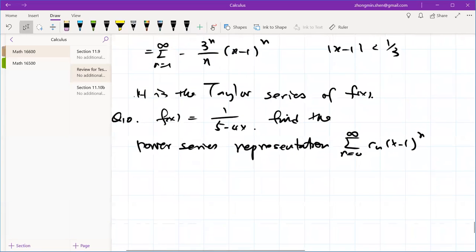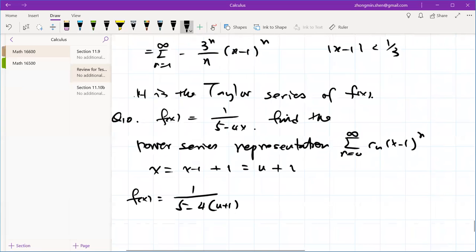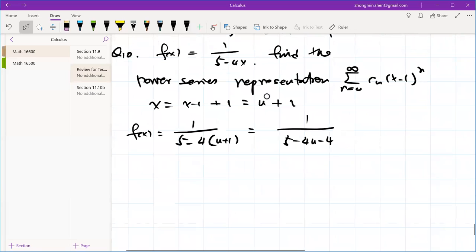The same idea: you quickly get x equals x minus 1 plus 1, which is u plus 1. Then the function is going to be 5 minus 4(u plus 1). And I get 5 minus 4u minus 4, and that is going to be 1 minus 4u.